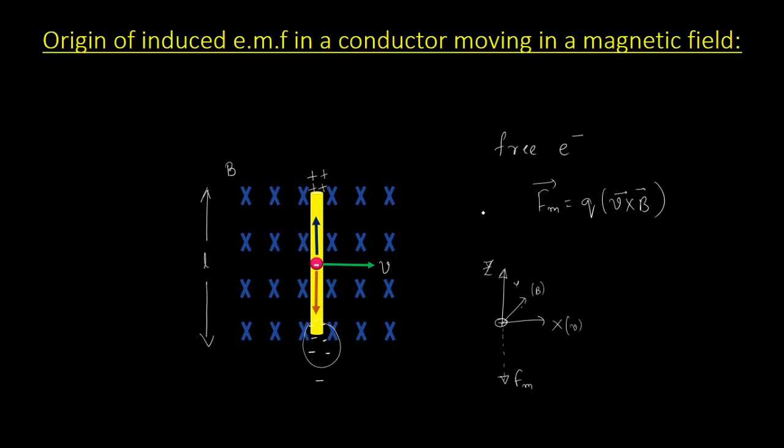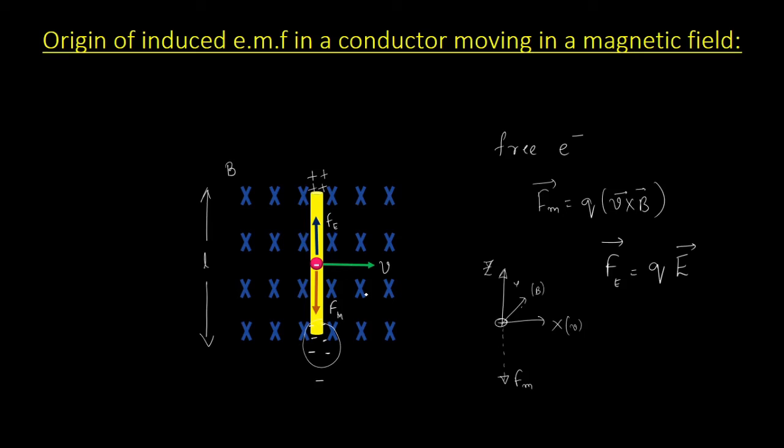One is the magnetic force, which is trying to pull the charge downward, and because of these accumulated charges, there is an electric field generated. I can write that force as Q into E. The direction of the electric force is opposite to that of the magnetic force. So this is the magnetic force FM, and this is the electric force FE.